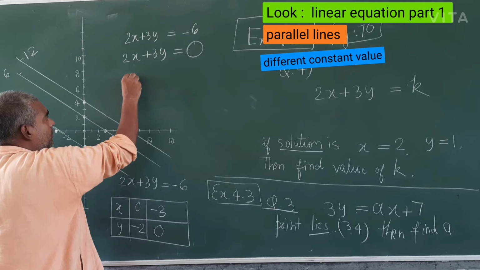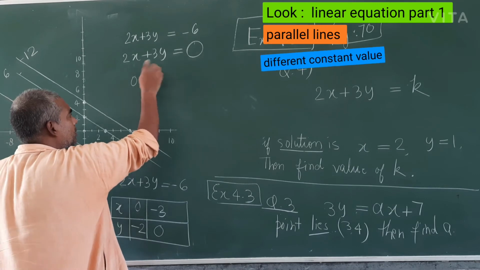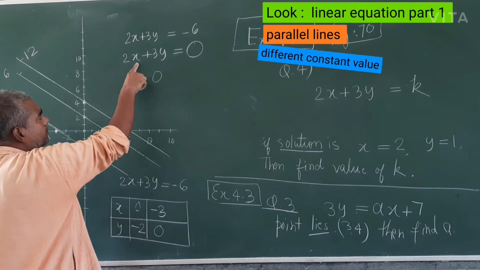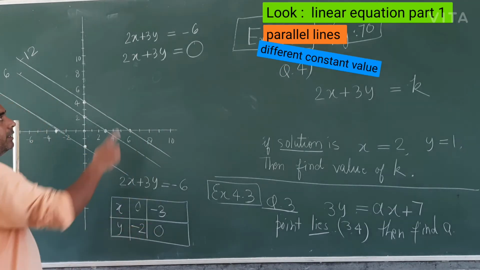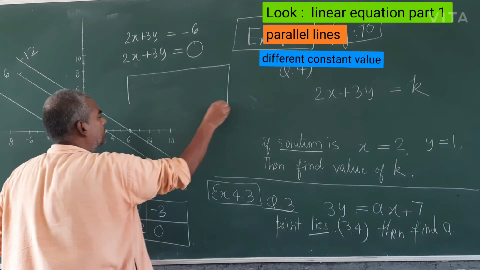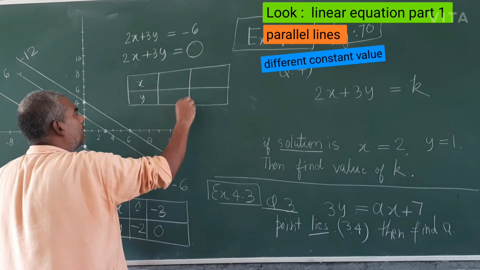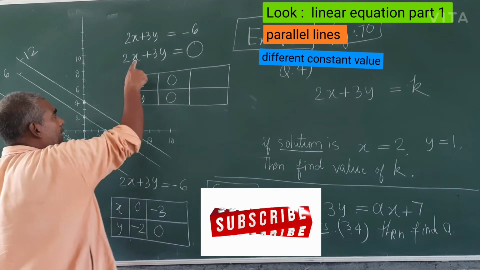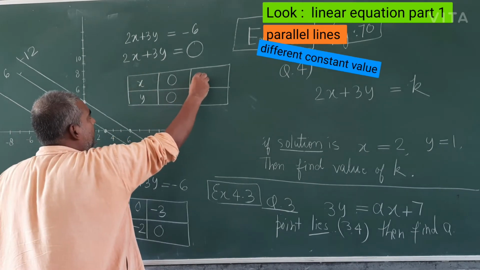If x equal to 0, then y is equal to 0. Suppose I write x equal to 3.